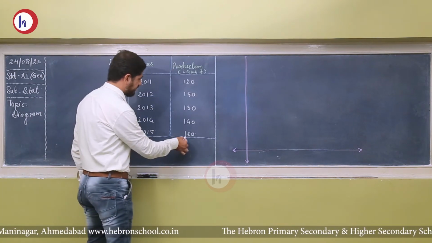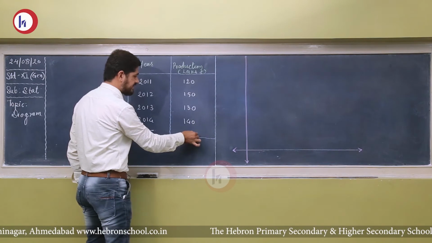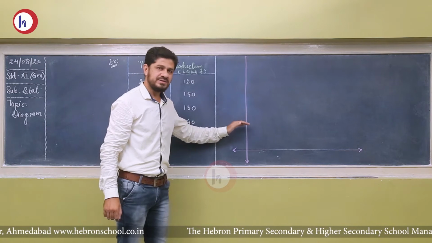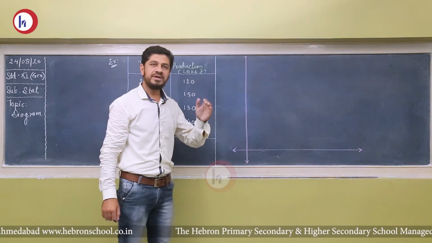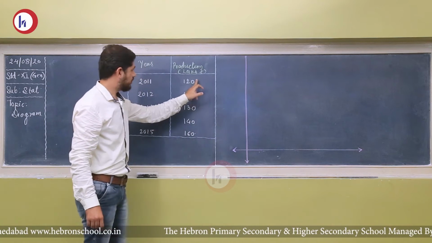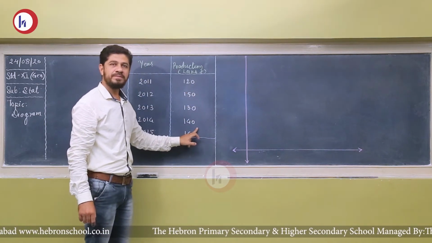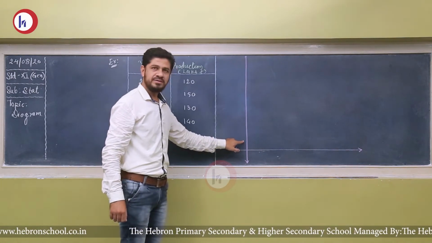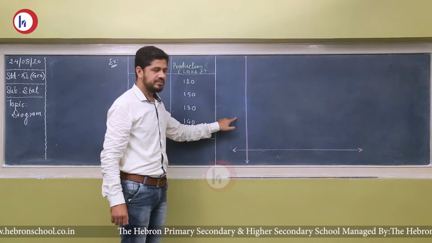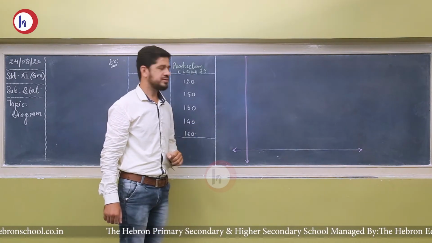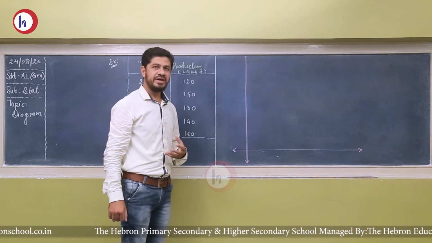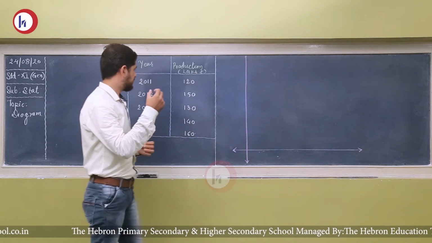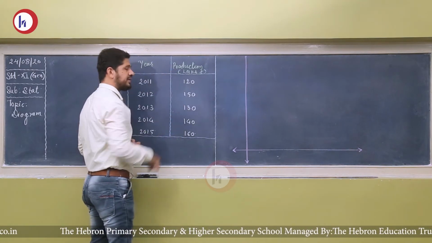Now the highest number is 160. So the scale on the y-axis should be a multiple of 10, because all the numbers come in the table of 10. But if we represent data at a distance of 10, 20, 30, we need at least 16 blocks. If not, we have another way, a distance of 20, that is production in lakh.